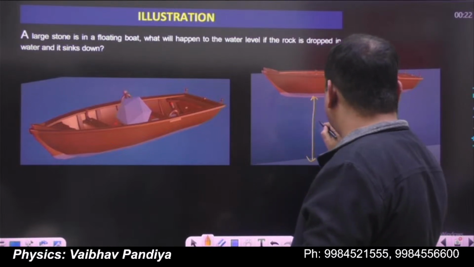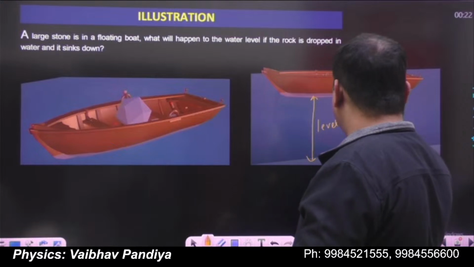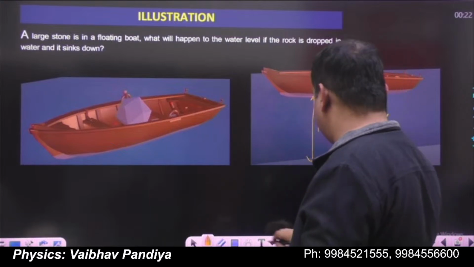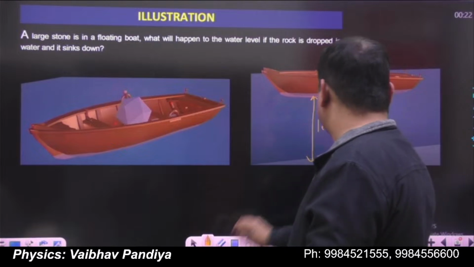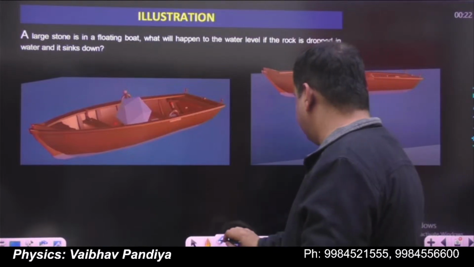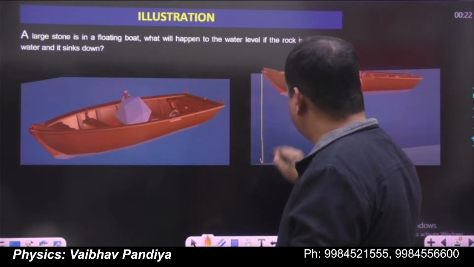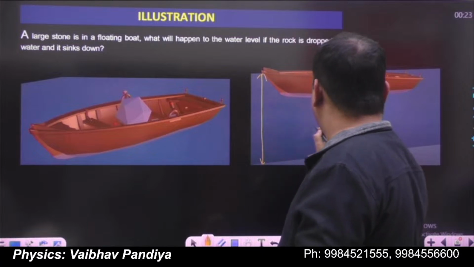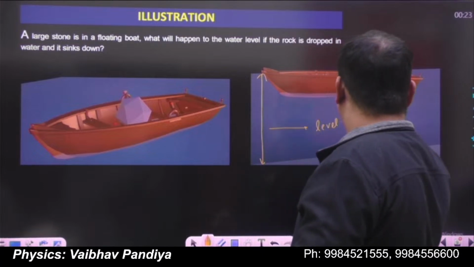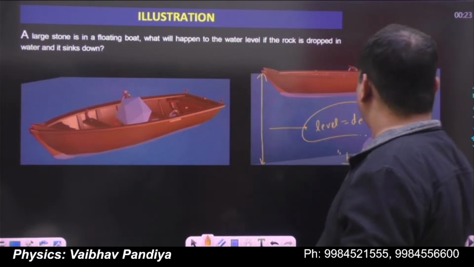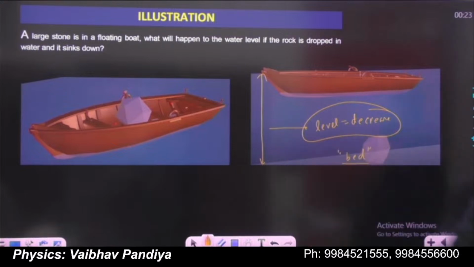Surely you can say this level, that is the level of the free surface from the bed, will decrease, because the stone or rock has a density greater than the density of water, so it will sink down. So we can apply the same analysis here.